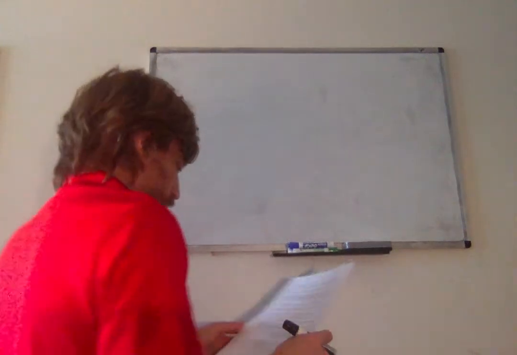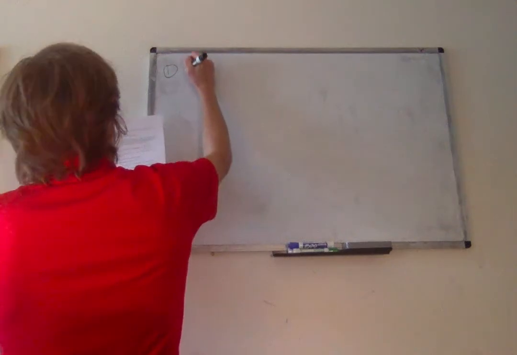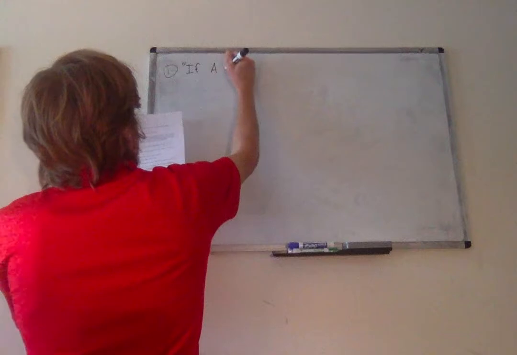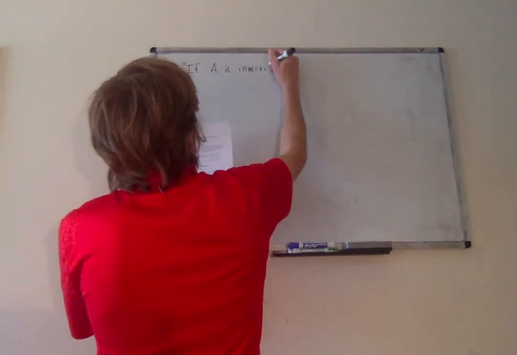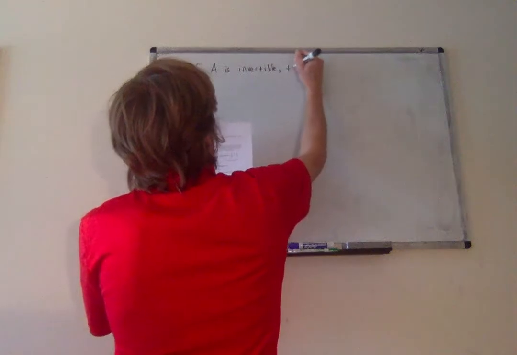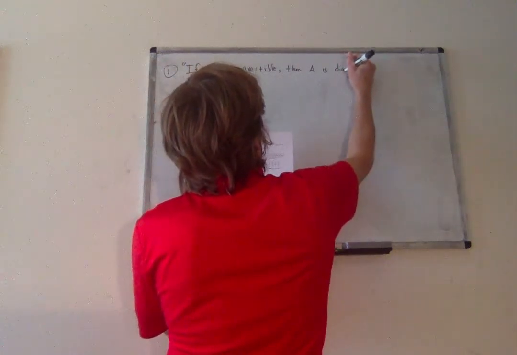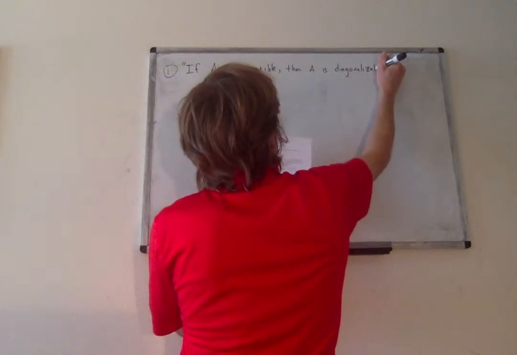So we want to show that the statement, which is number 1 here, if A is invertible, then A is diagonalizable, is sometimes true.